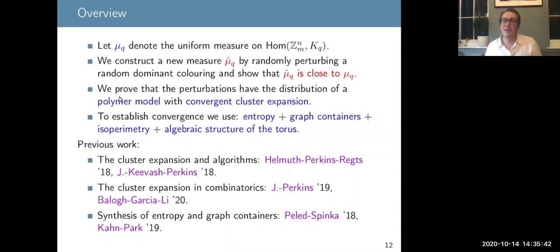So yeah, it's a little bit different here, and I'll be getting to it in a second. If you wanted just to understand cluster expansion and polymer models, I would encourage you first just to think about the hardcore model, but at very high temperature, so very small fugacity, a very sparse gas. Here correlations are decaying exponentially, and you can really get a handle on the cluster expansion in that case. That's more the traditional use of polymer models and cluster expansion.